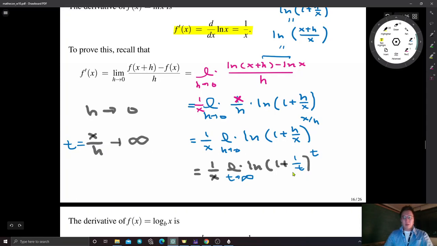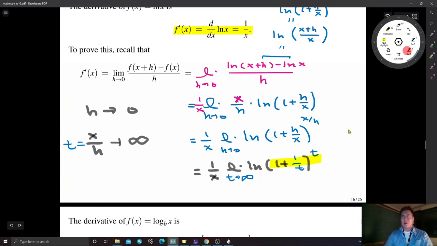All right, and then if we focus on the inside of the natural logarithm, the limit of this quantity as t goes to infinity is Euler's number e.